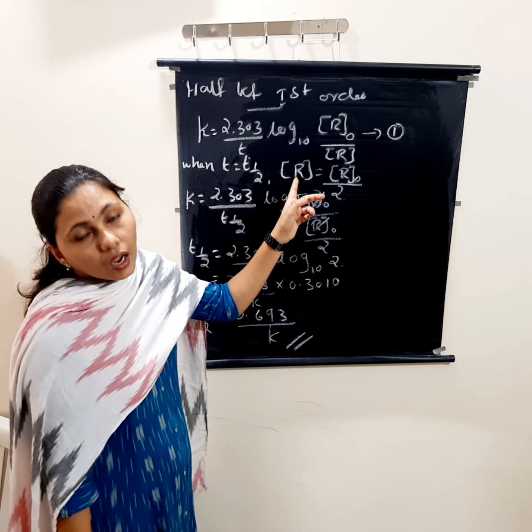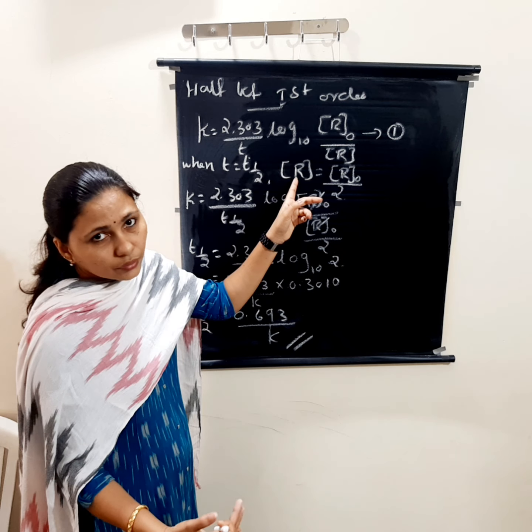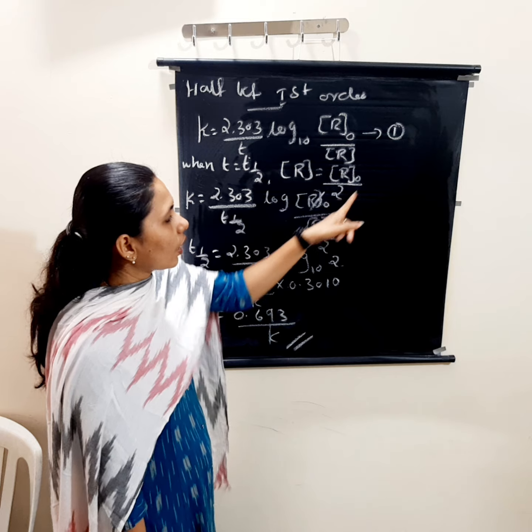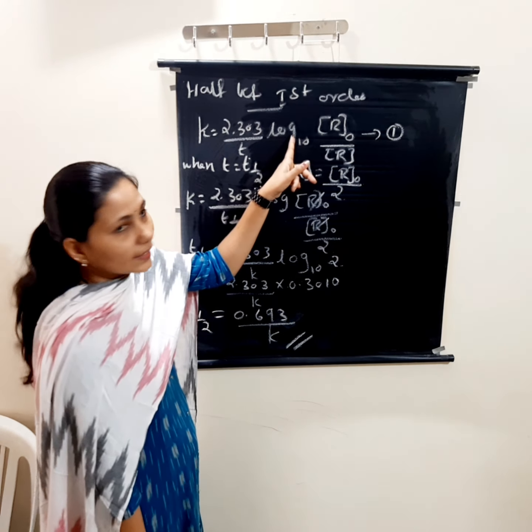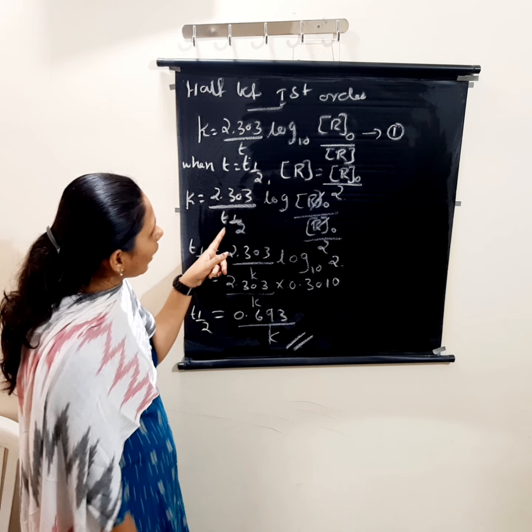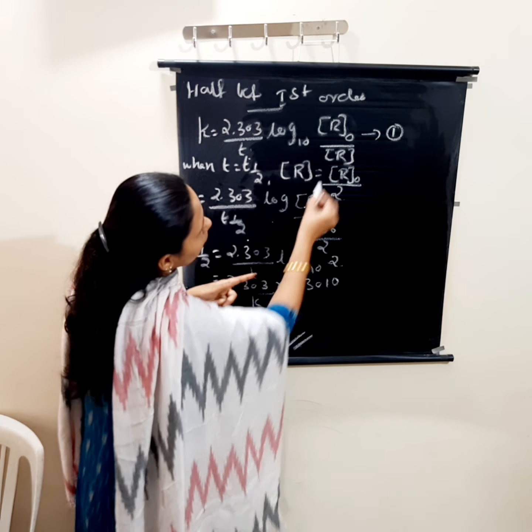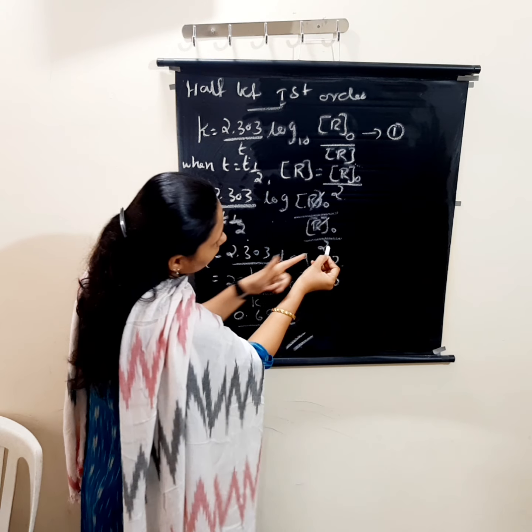When t equals t half, the concentration of the reactant will become half. So R equals R0 divided by 2. Then substitute these conditions in this equation. We will get k equal to 2.303 divided by t half, log R0 divided by R, where R equals R0 by 2.